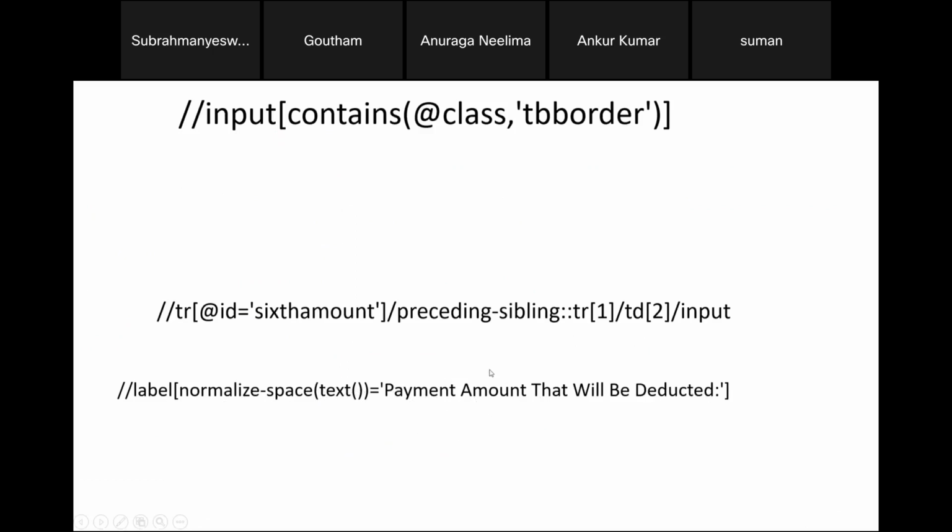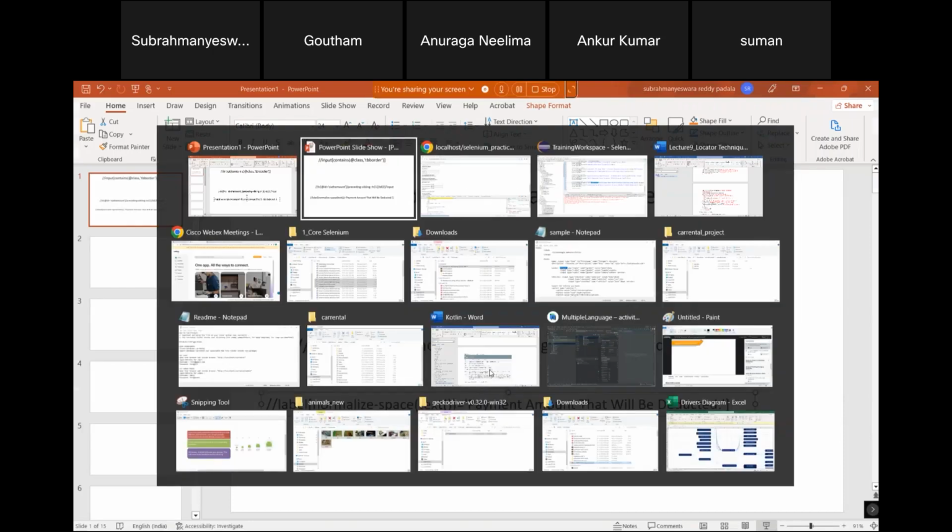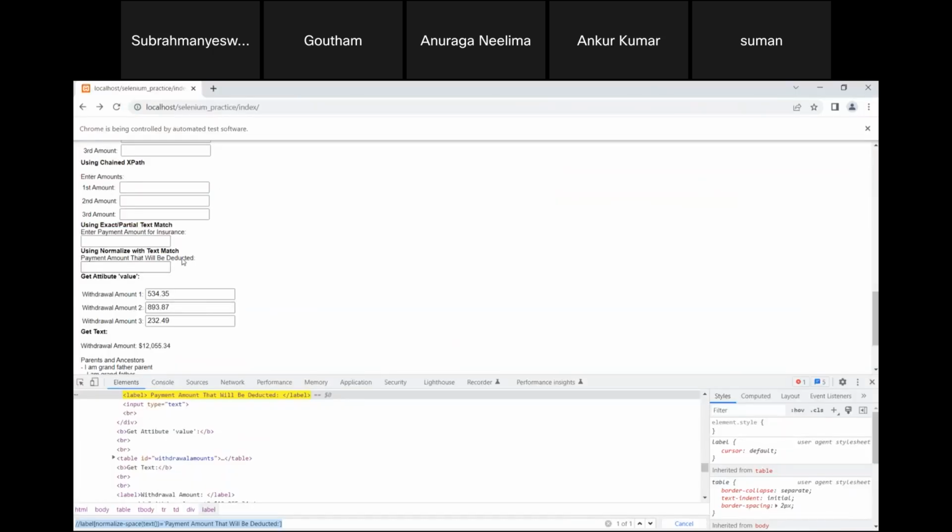Now it matches this one. After that we have an input tag, so we can use slash following-sibling colon input. Now we got this one. So this is how we can use the normalize-space function, to remove the extra spaces between the words.